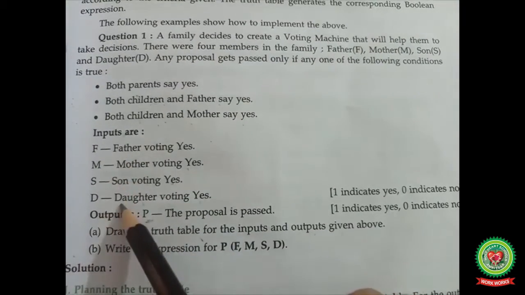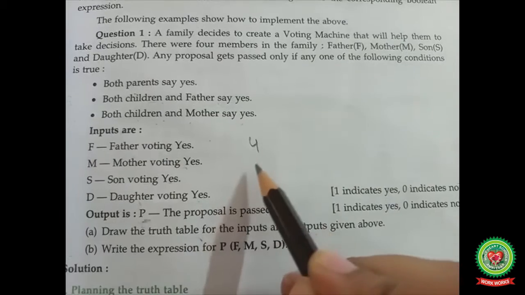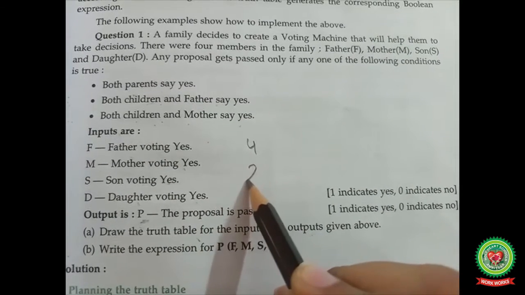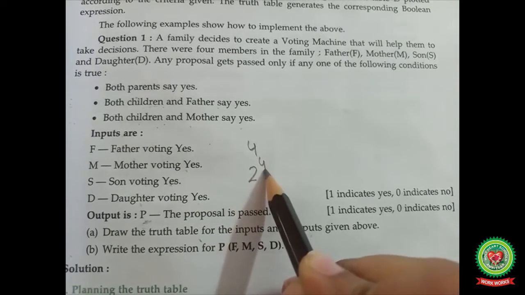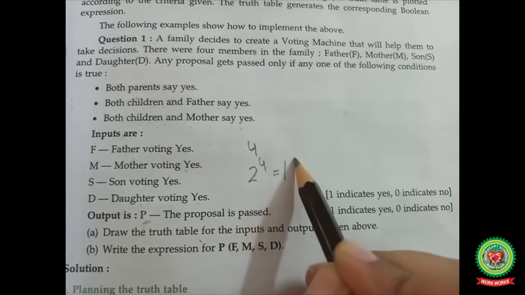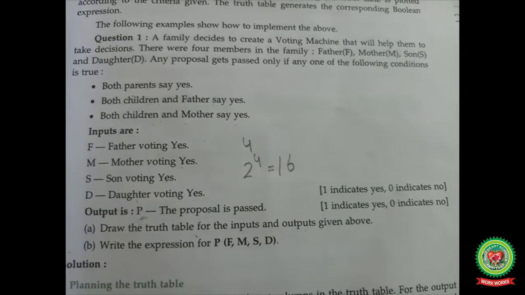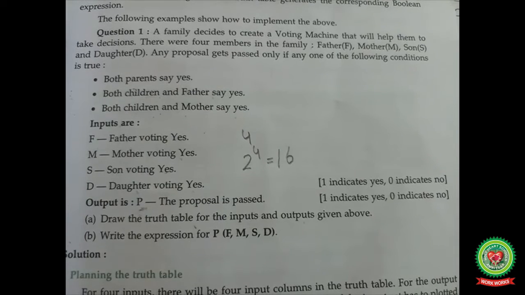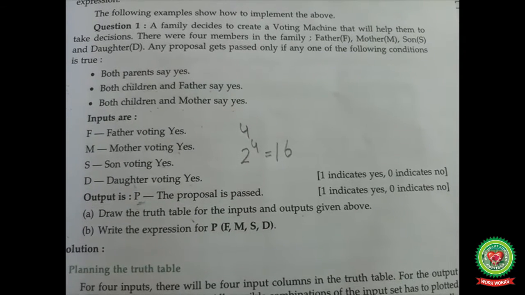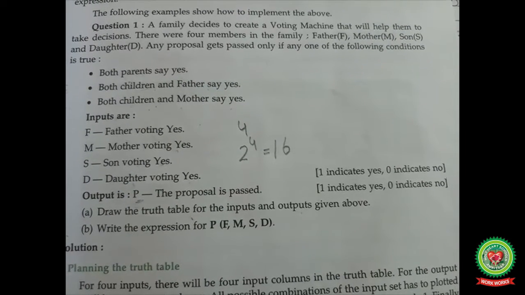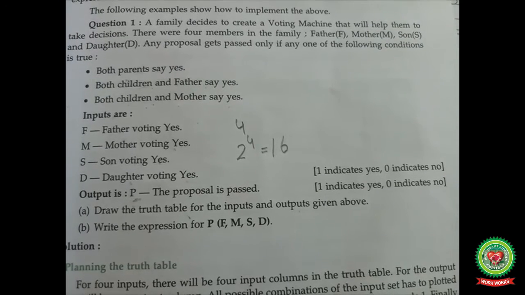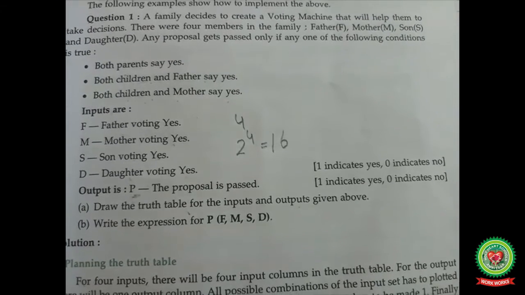How many variables are there? 4. So, truth table values will be 2 raised to power 4, that is 16. So, we will plot 16 values. Now, we will make the truth table according to the 16 values. Then, we will write the output.